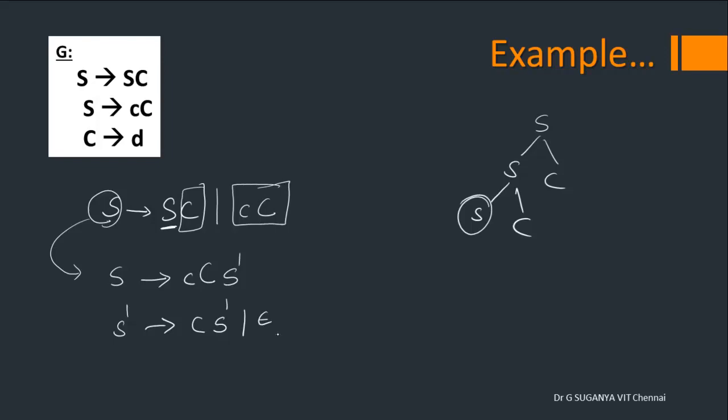So you have to introduce it like this. When you keep on substituting, you can see the same kind of alternate can be generated any number of times. That's the reason for replacement. So this production has to be replaced by these two productions.